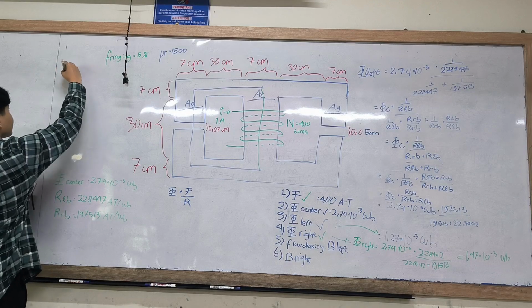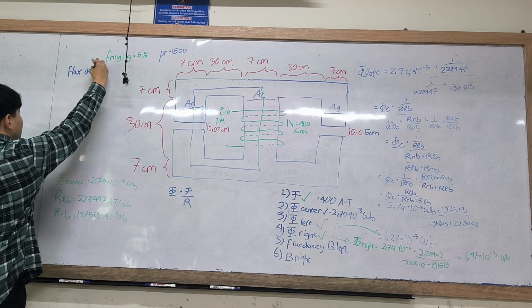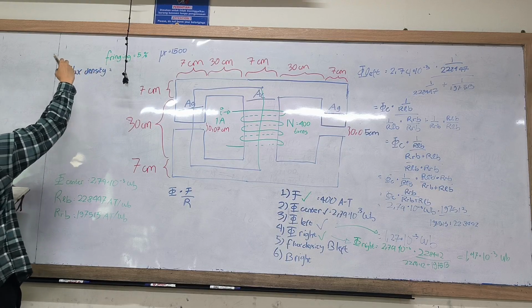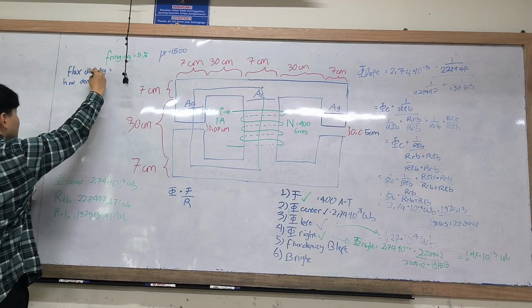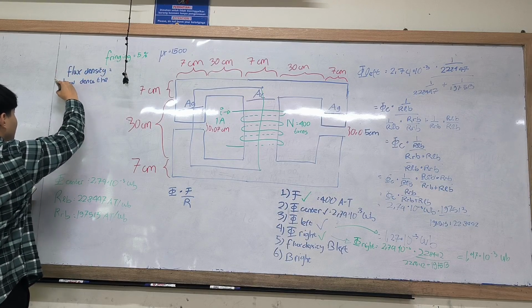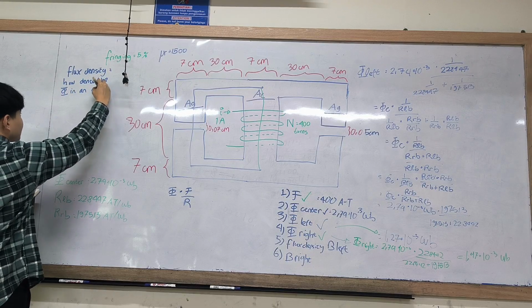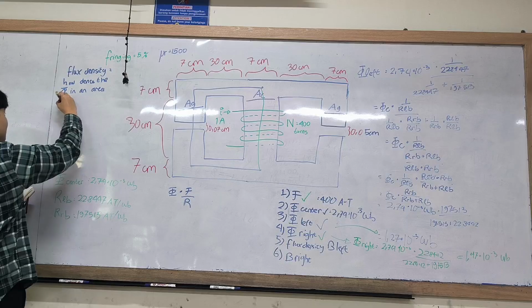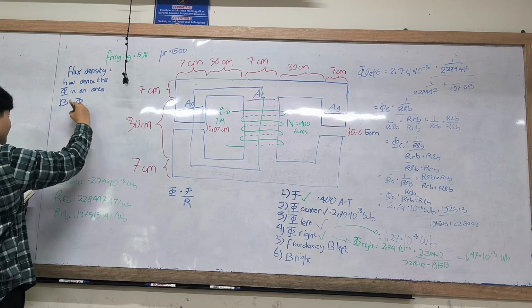Flux density is how dense the magnetic flux is in an area. Thus, its formula is B equals magnetic flux divided by area.